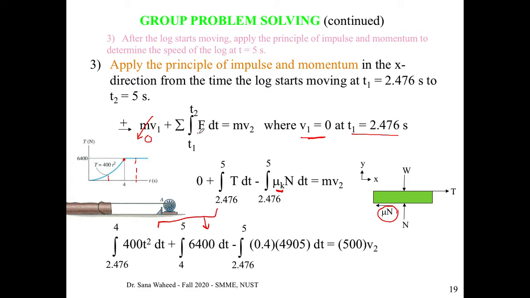So whatever F dt we are integrating, the direction of that impulse is the same as the direction of the force. That's why, if I've taken my positive x axis to the right, and I'm applying the scalar principle of linear impulse and momentum in the x direction, then the tension's impulse is positive, whereas my friction is acting in the minus x direction, so it has a negative impulse. Right? I hope that is clear to everybody.